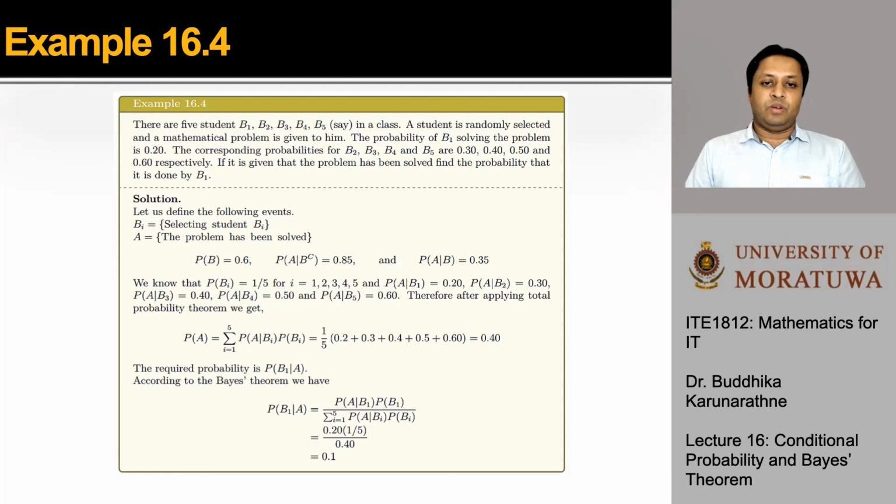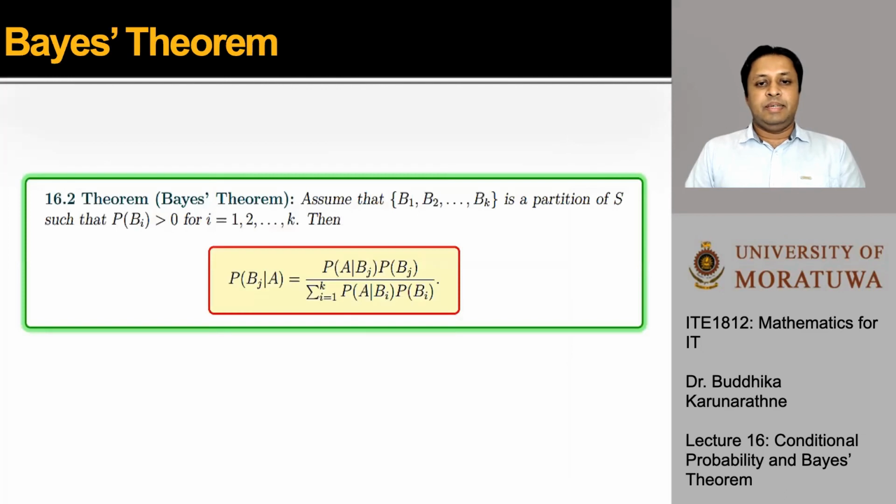But that is not the value that we are asked to calculate in this example. What we require is P(B1 given A). Given that the problem has been solved, it is solved by student B1. So for this purpose, we need to apply Bayes' theorem to define P(B1 given A).